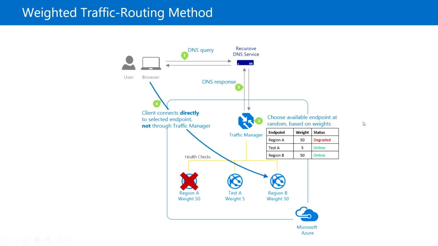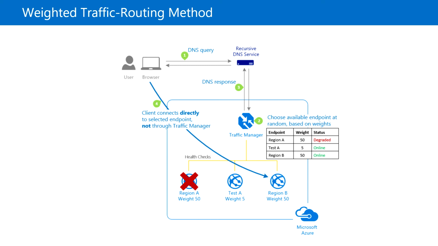Okay, next we'll see the weighted traffic routing method. In this routing method, we distribute the traffic across a set of endpoints based on their weight. For example, in this diagram, for the region A endpoint, we can set 50% weightage, and for region B, we can set another 50%, so that the traffic will be equally distributed to two different endpoints.